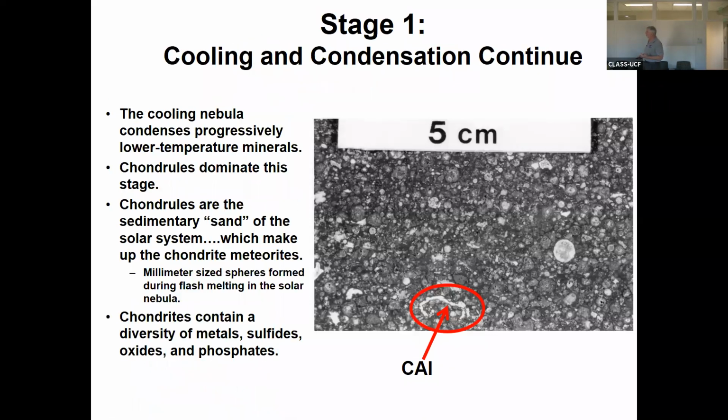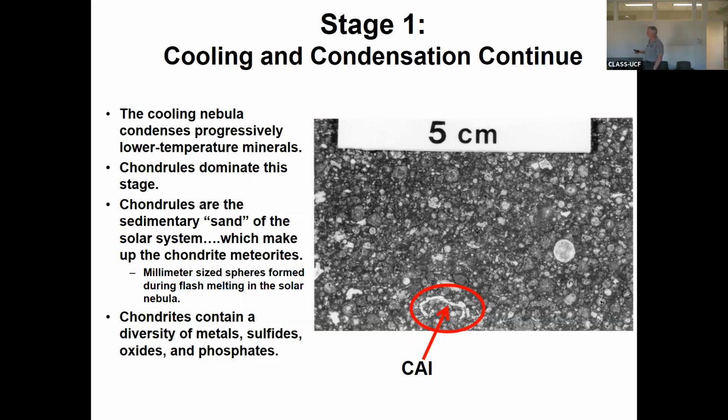And so what we do is make chondrules, because chondrules are what comprises chondrites. The cooling nebula produces progressively lower temperature minerals, and chondrules dominate at this stage. Chondrules are basically the sedimentary sand of the solar system.